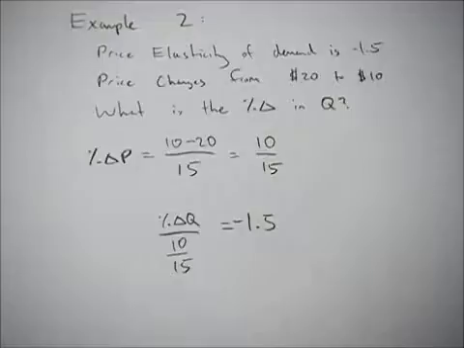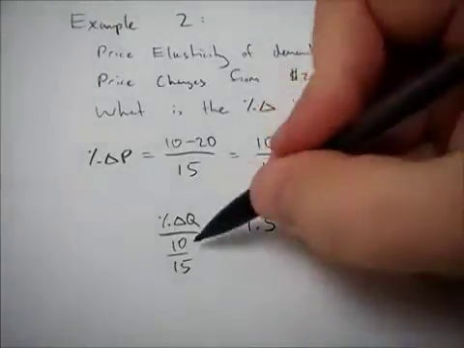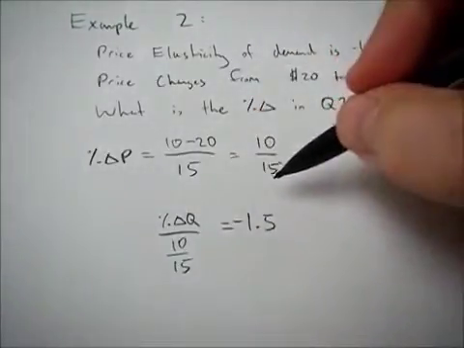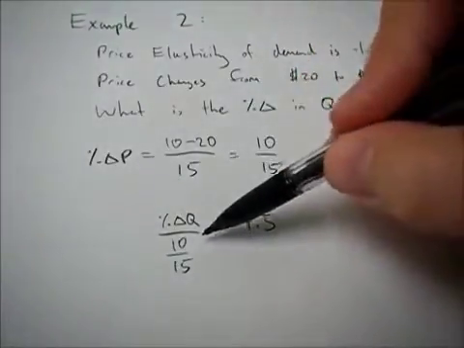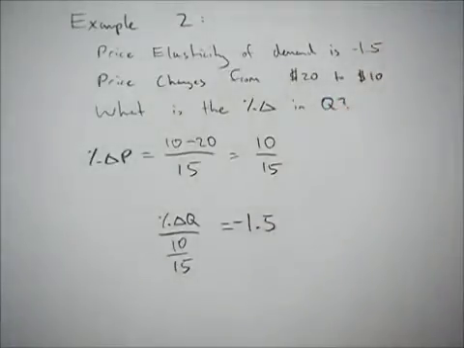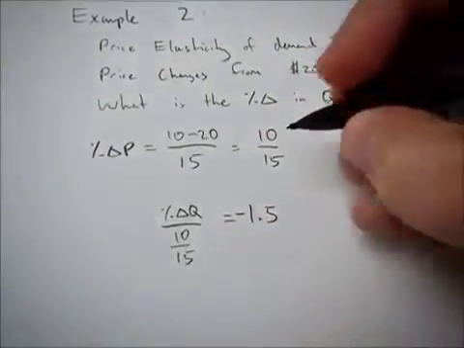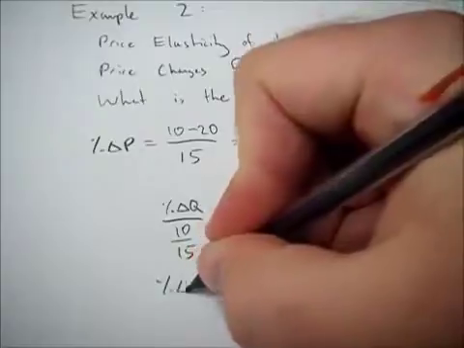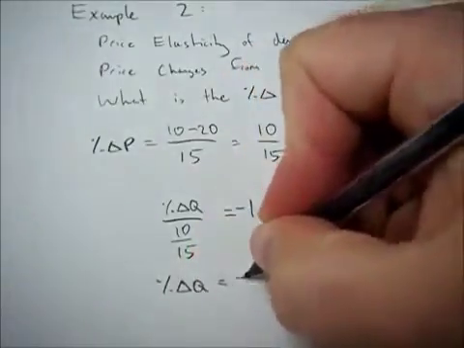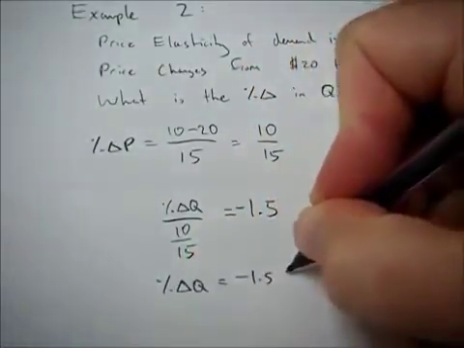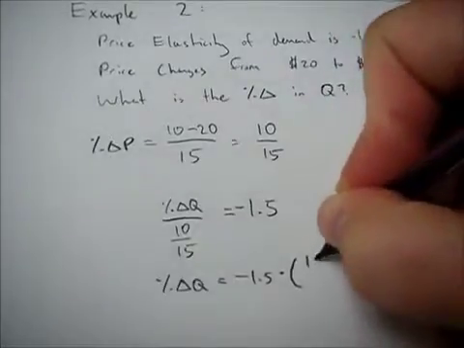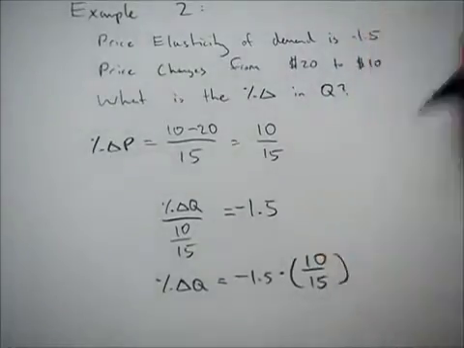So now what we need to do is solve for this percent change in Q. So what we can do here is flip this guy over, or we can just multiply both sides by 10 over 15. So we get percent change in Q equals negative 1.5 times our 10 over 15.